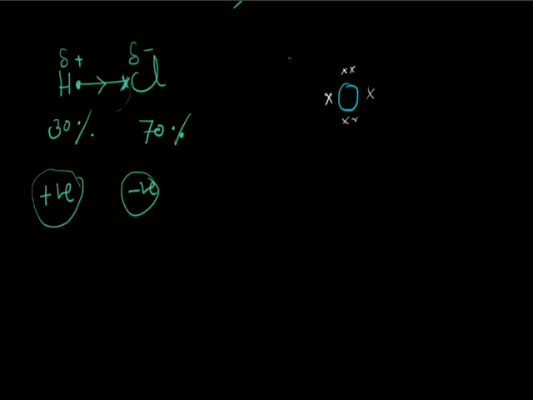Now when it combines with hydrogen, which has only 1 valence electron, to complete the octet of oxygen and duplet of hydrogen, both share 1 electron from each side. In this covalent bond, the shared electron shifts nearer to oxygen as compared to hydrogen. That's why oxygen gets a partially negative charge and hydrogen gets a partially positive charge. We can say that in H2O, these two bonds are polar covalent bonds.